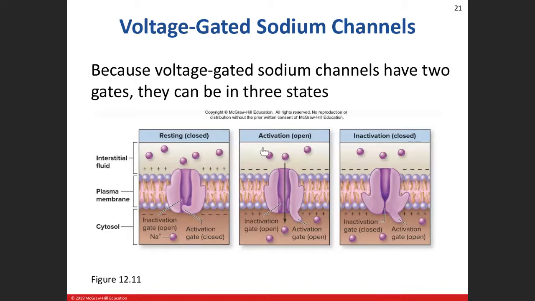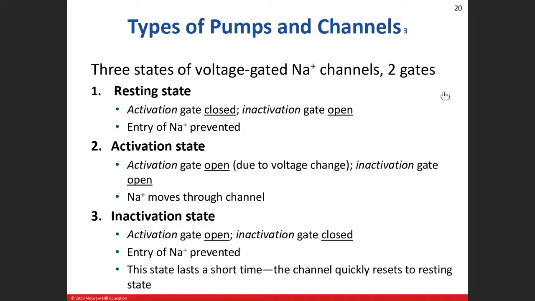So once we reach equilibrium, like we're seeing here, the inactivation gate, those two swellings, swell up and close off the gate. So when we get to the third stage, the inactivation state, the activation gate, that swing arm gate, is still open. It hasn't closed yet.